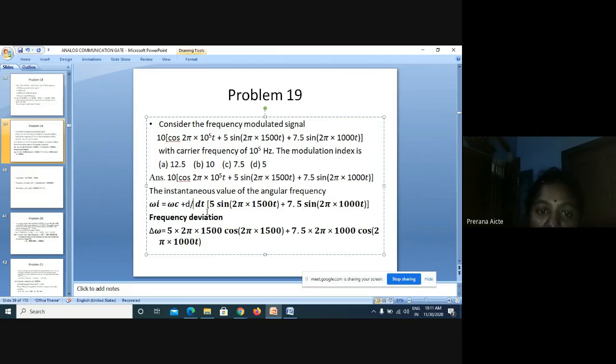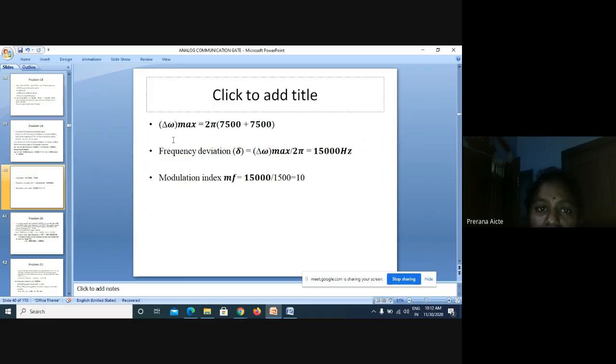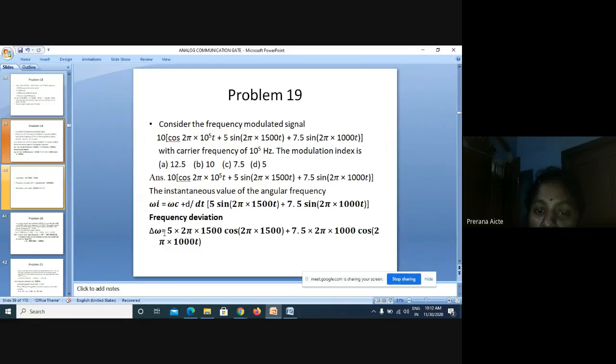The frequency deviation is ωc plus Δω, where Δω equals 5 × 2π × 1500 cos of 2π × 1500t plus 7.5 × 2π × 1000 cos of 2π × 1000t. From here we can find the maximum of Δω, the maximum frequency deviation.